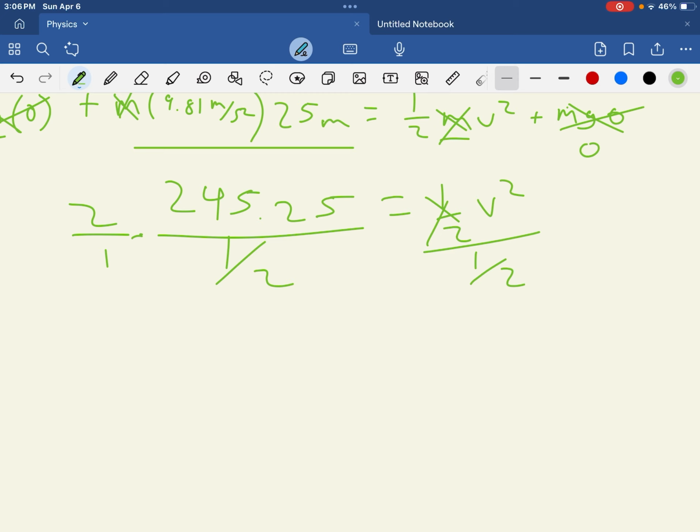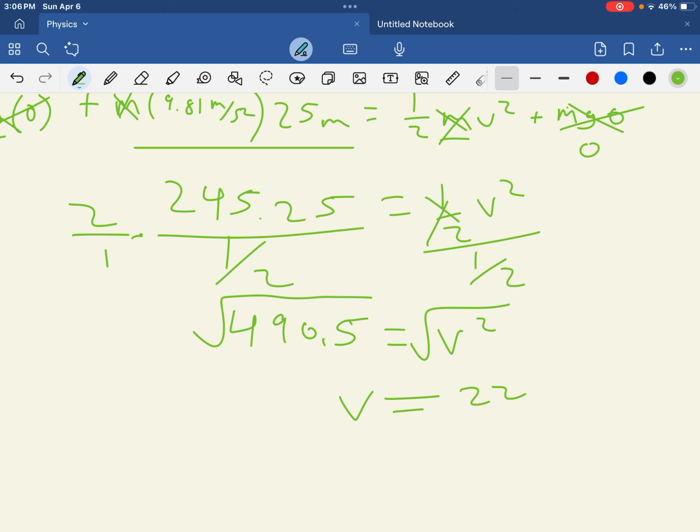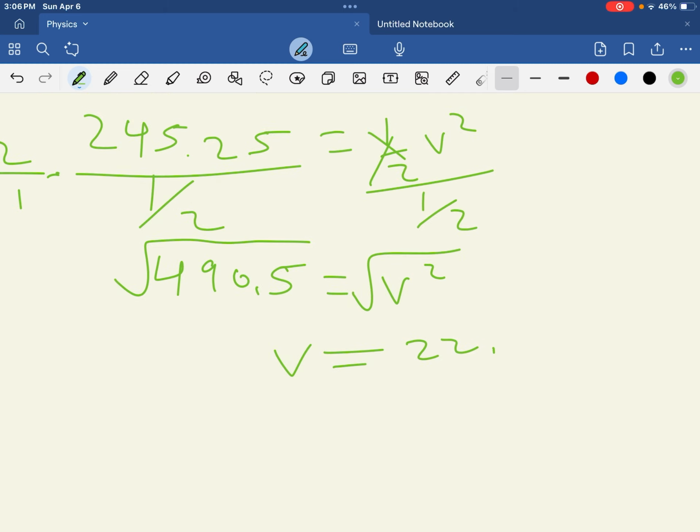So we have 490.5 equals velocity squared. And we just take the square root of both sides to get just v, and we get velocity equals the square root of 490.5. We get velocity equals 22.147.